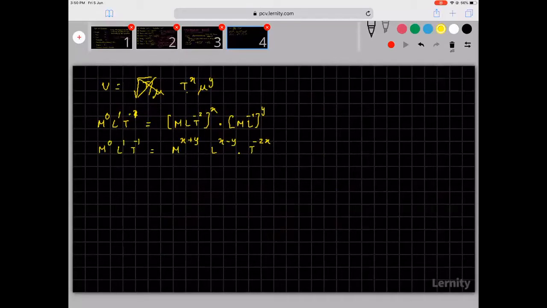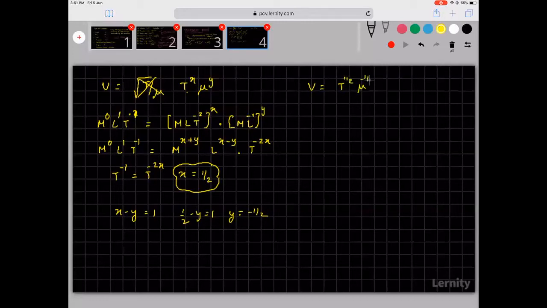From here I get T power minus 1 must be equal to T power minus 2x. So x is equal to half. Once I get this, I get the others. That is x minus y is equal to 1. So half minus y is equal to 1, so I get y is equal to minus half. So velocity is equal to T power half and mu power minus half.